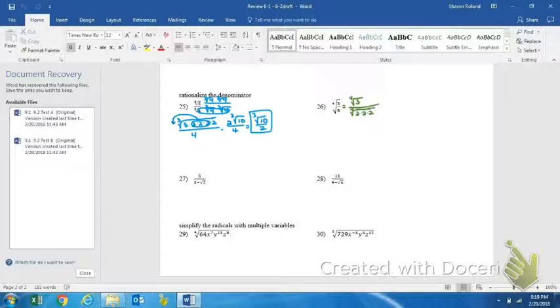Well, there has to be 4 2's, so I'm going to multiply the top and the bottom times the 4th root of 2. That makes 4 of them for the denominator. So if you have 4, it comes out. 2 is on the outside, and in the numerator, it's the 4th root of 6.